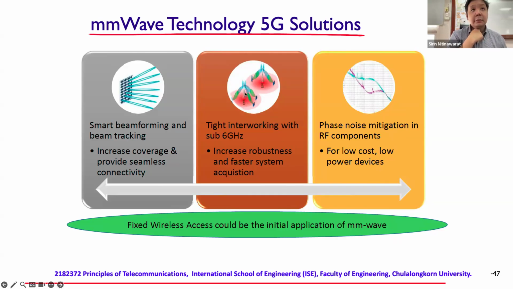And because these millimeter waves are deployed as a boost to the macro cell, right? So oftentimes you need to design it to interwork with the lower spectrum, right? To increase robustness, right? And faster system acquisition.